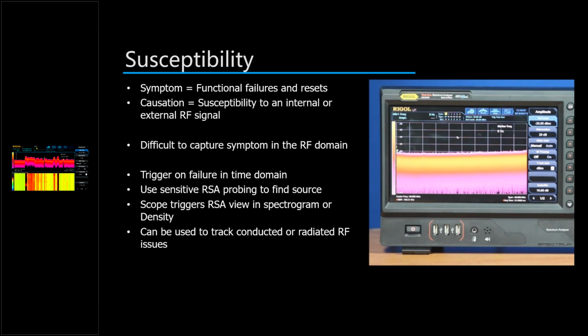So those are really the four types of issues that you can debug across domains. We have problems that start in the RF domain with modulation issues or high-speed output issues, and we have problems where the symptoms are in the time domain, like odd resets or other functional problems.